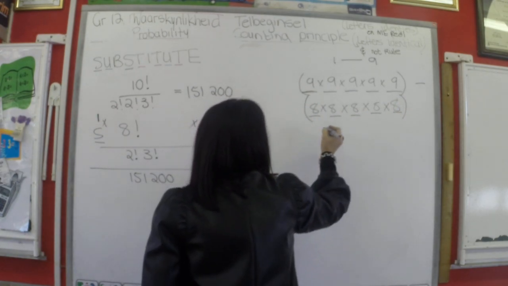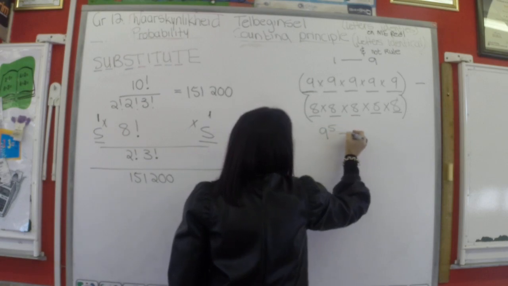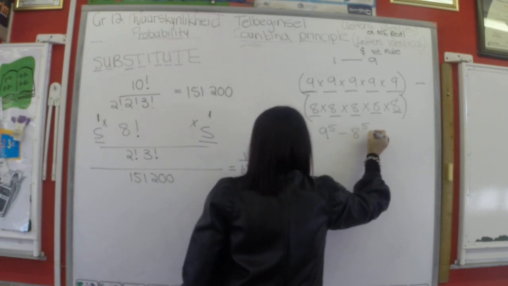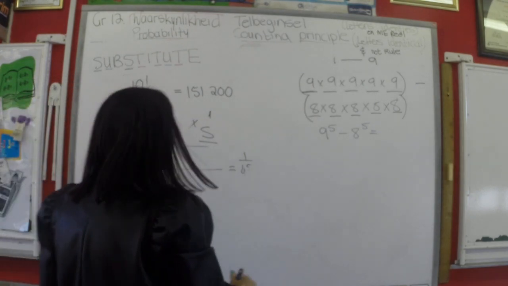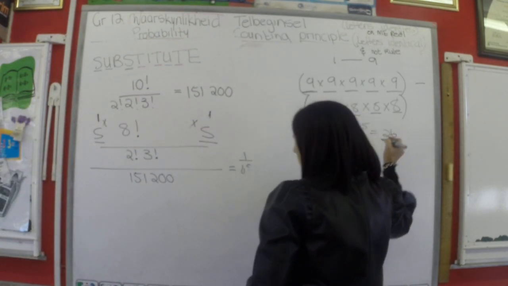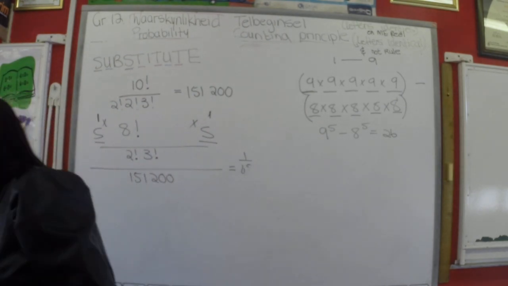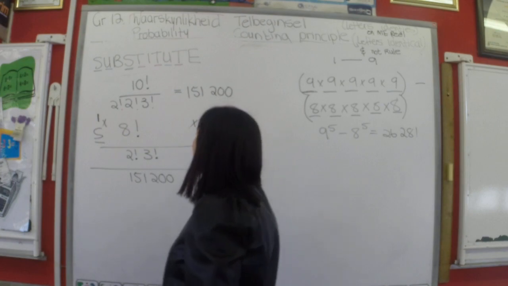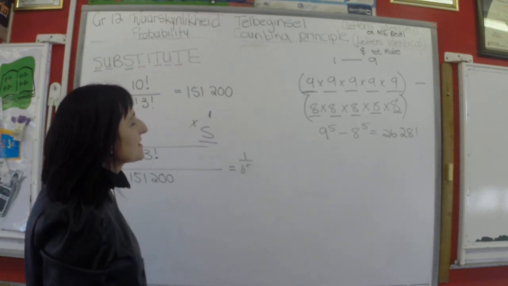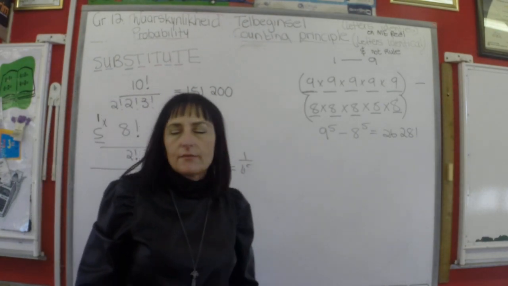So dit is 9 tot die mag 5 minus 8 tot die mag 5 en dit gee vir my die moontlikheid van ten minste 1 6 en dit is 26 281 moontlikhede dat daar ten minste 1 6 teenwoordig sal wees.